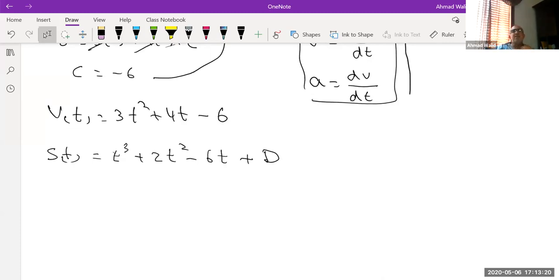Do you have the same answer? Is this your antiderivative for v of t? Do I have a mistake? Yes, no? If I have, correct me, please. I'll make sure, when you're correcting me, to deduct your points on the test day because you're correcting a professor.